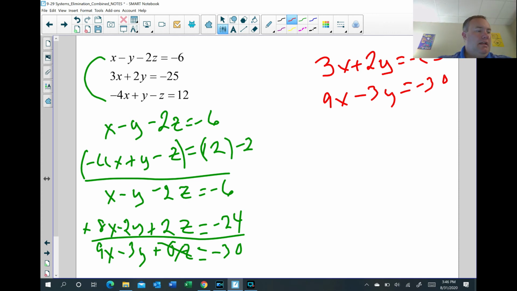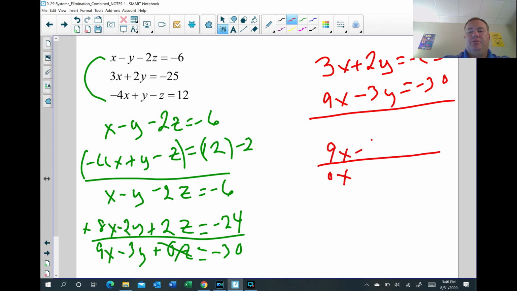Now, how you want to do the next part is completely up to you. If I were doing this, I would actually eliminate x. That would be my choice in this problem. So I would have to change the first one to make this 0x. The least common multiple is going to be 9. That means the second one already is the 9x that we want, so I'm not changing that. What that means is I want a negative 9x here.